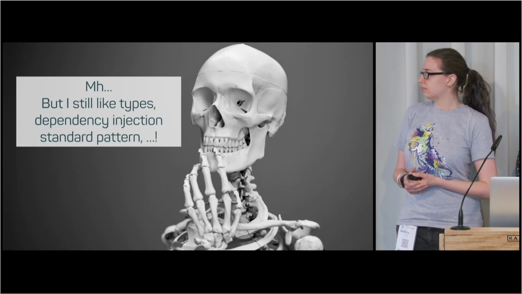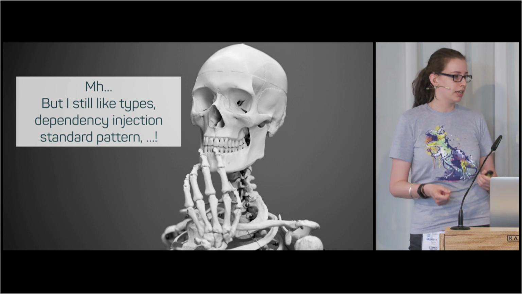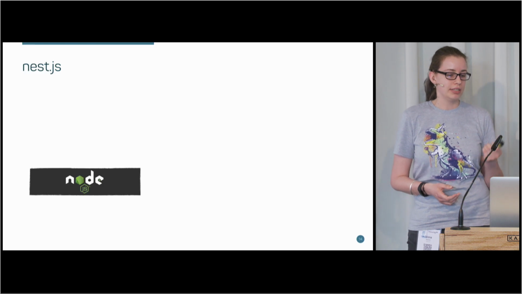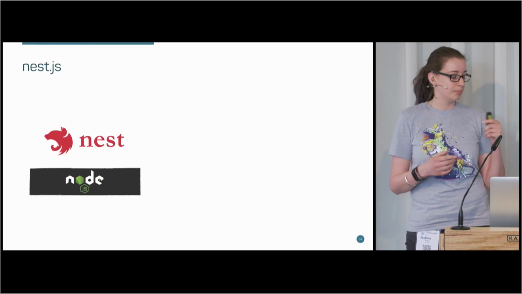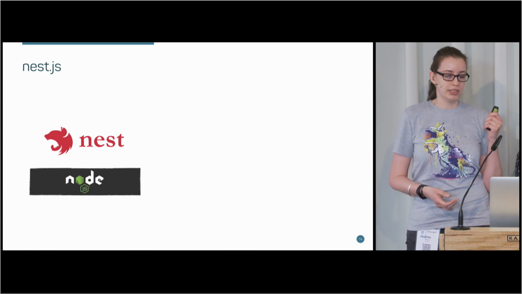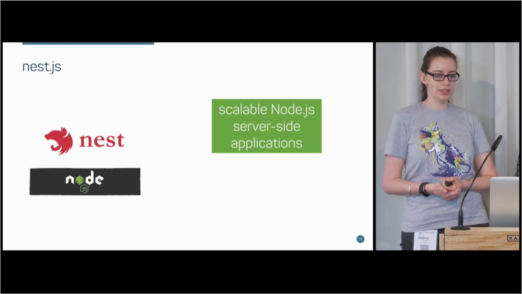But there's more. I mean, in Java, you have a lot of dependency injection, standard patterns, and if we want to have that, we need to add Nest. Nest is based on Express itself and is used for building scalable, efficient, and reliable server-side applications.